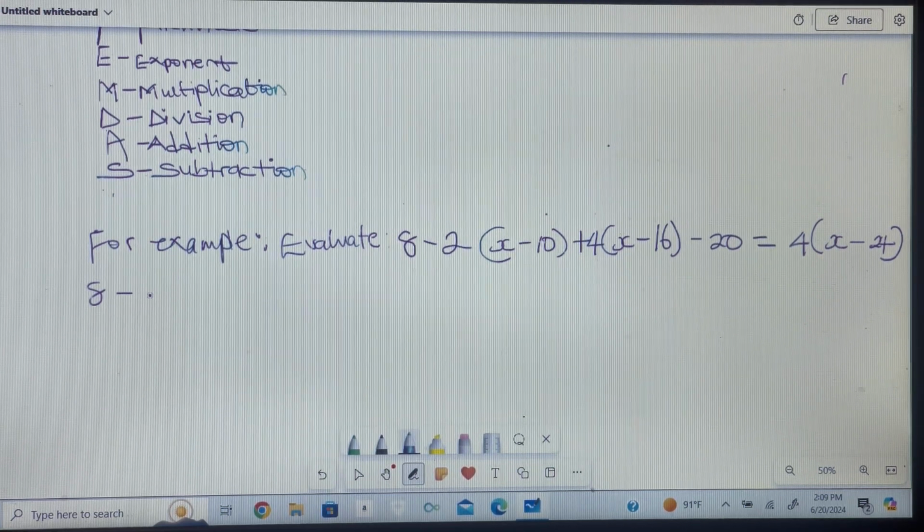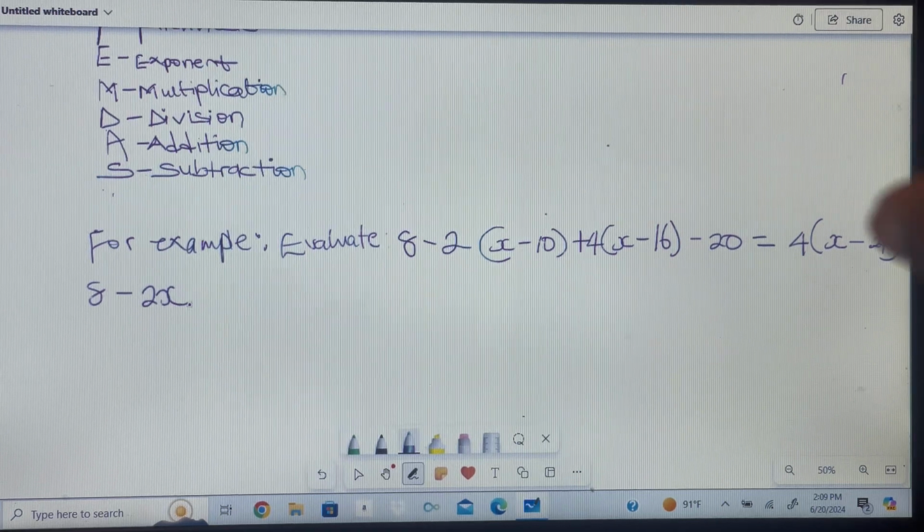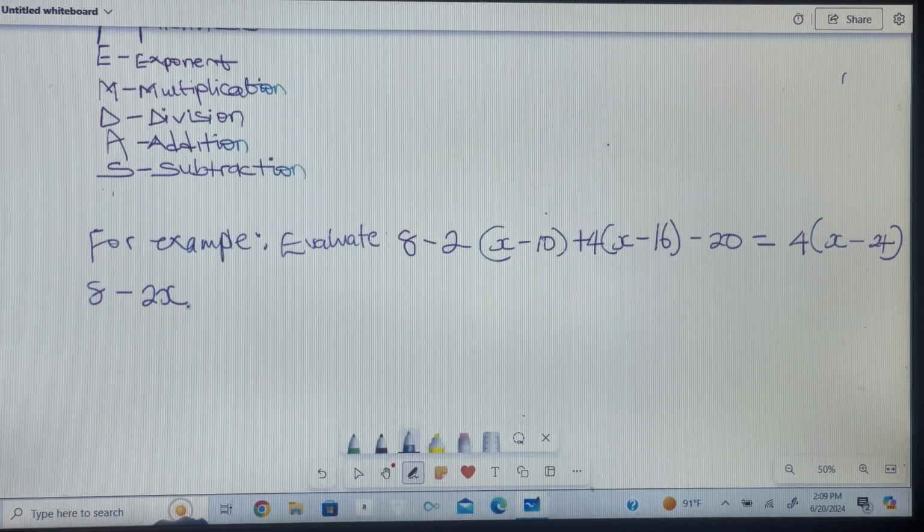So what you're going to do is multiply the 2 by x minus 10. There's a negative in front of the 2, so negative 2 multiplied by x is negative 2x. Then negative 2 multiplied by negative 10.